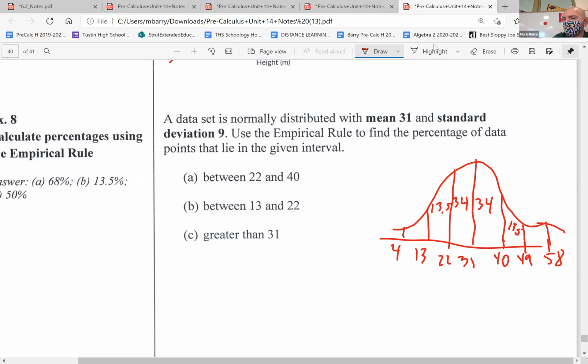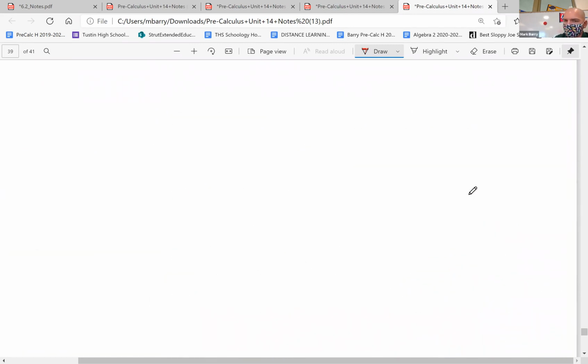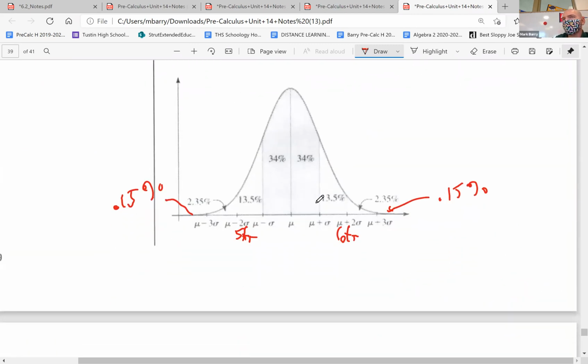Where did I get those from? Well, those percentages are always going to be the same. That's from this picture right here, okay? So do you have to have all these percentages memorized? Well, we're allowed to use our notes on the test, right? So no, but you have to know where I got them from.